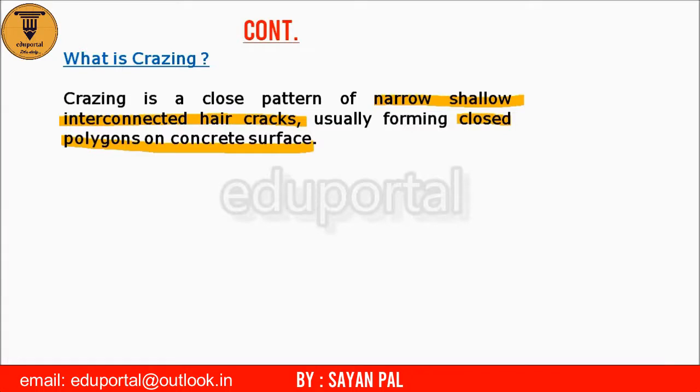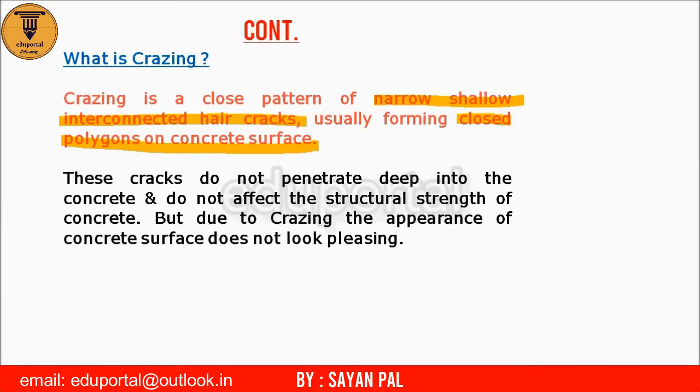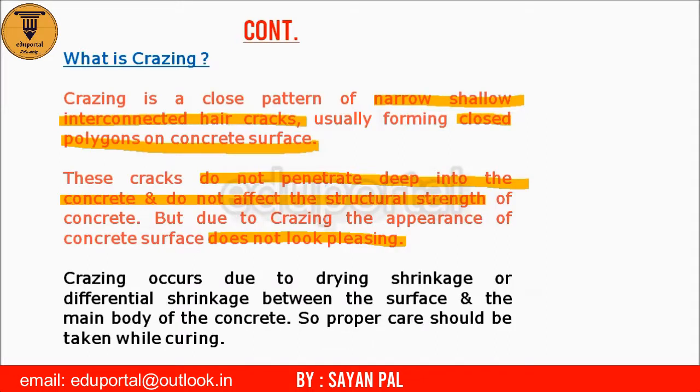These are cracks, but they do not penetrate deep into the concrete, so they don't affect the structural strength of the concrete, but it doesn't look pleasing. It occurs due to drying shrinkage or differential shrinkage between the surface and the main body of the concrete. So proper care should be taken while curing.